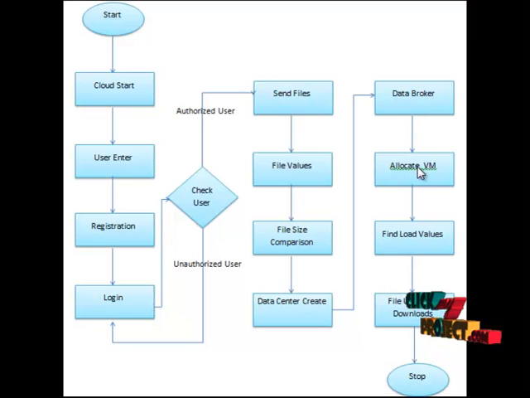These virtual machines run the process, and then find the load values. The load values are based on the virtual machines' size and load capacities, and finally allocate the process for file uploading or downloading. This is based on the user queries, and then the final stopping process.